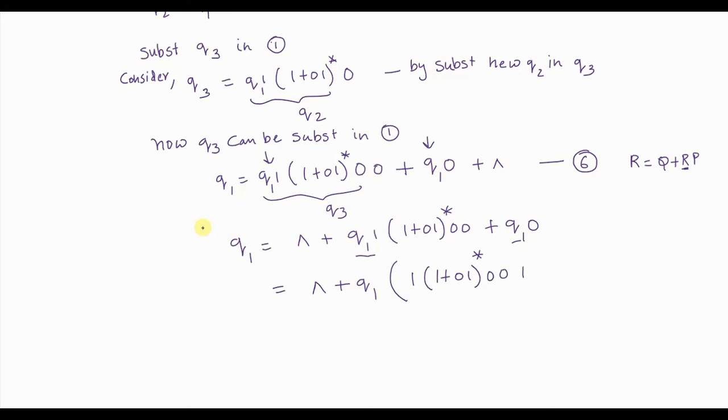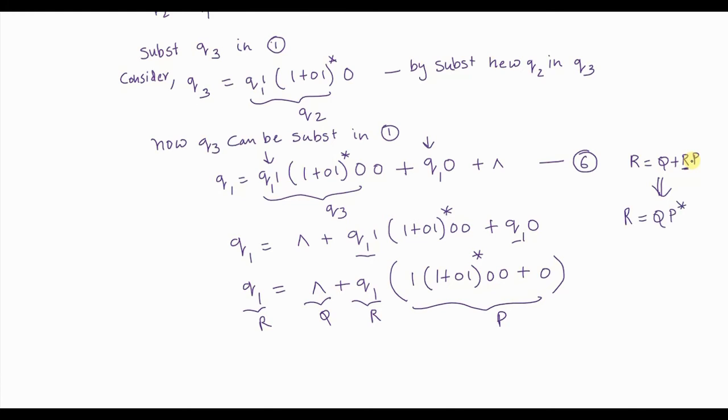Now if you carefully look at this equation, the equation is almost of the type R equal to Q plus RP, where if this is R, this is Q, this is R, and this whole term is P. So if the equation is of the type R equal to Q plus RP, this can be written as R equal to QP star.